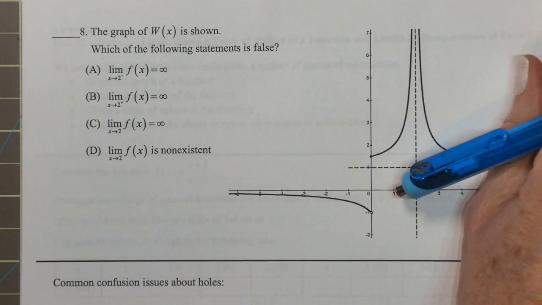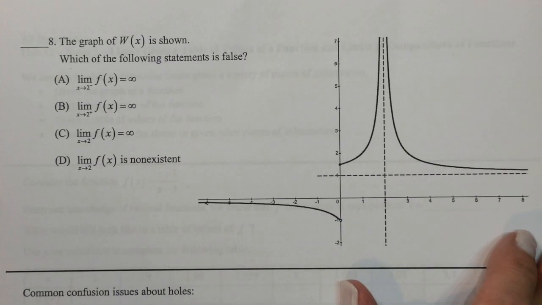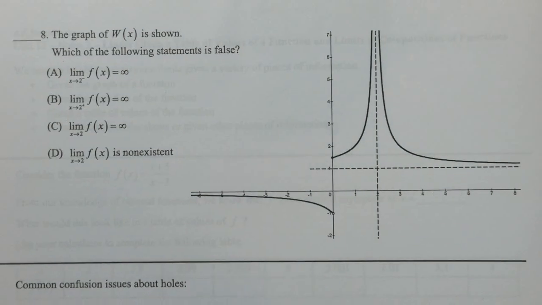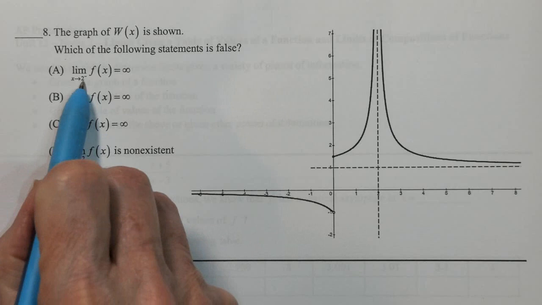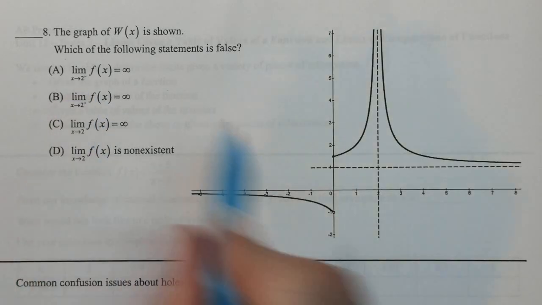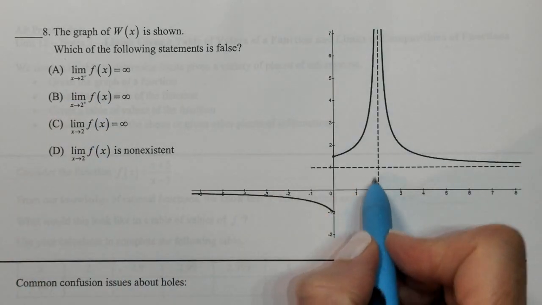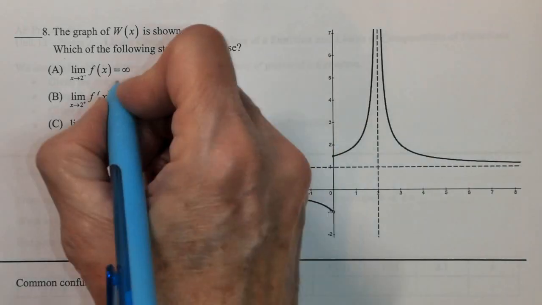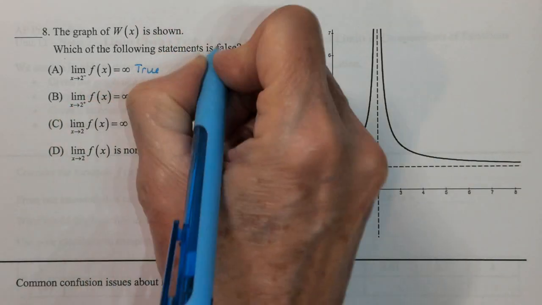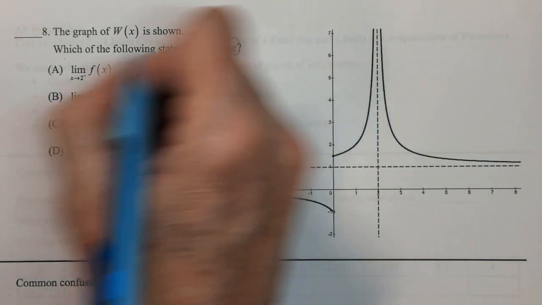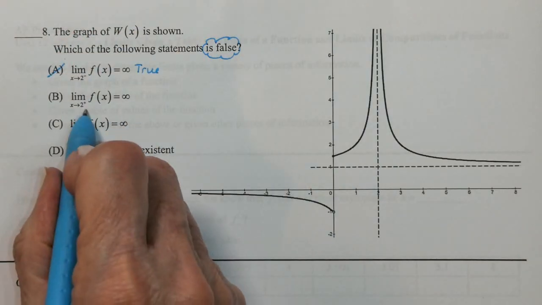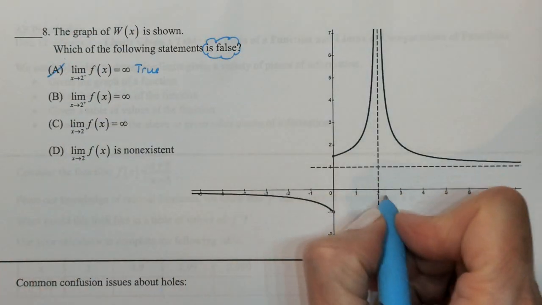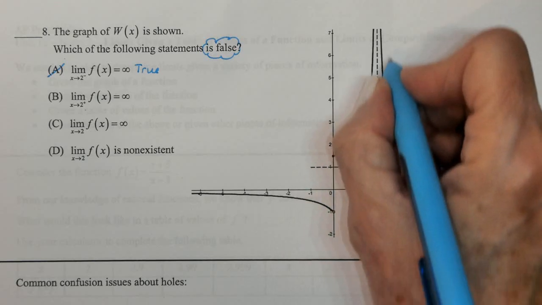Okay, we're getting there, guys. Hang with me. Which of the following statements is false? The limit as x approaches 2 from the left is infinity. That is true. We want it to be false. 2 from the right is also infinity.